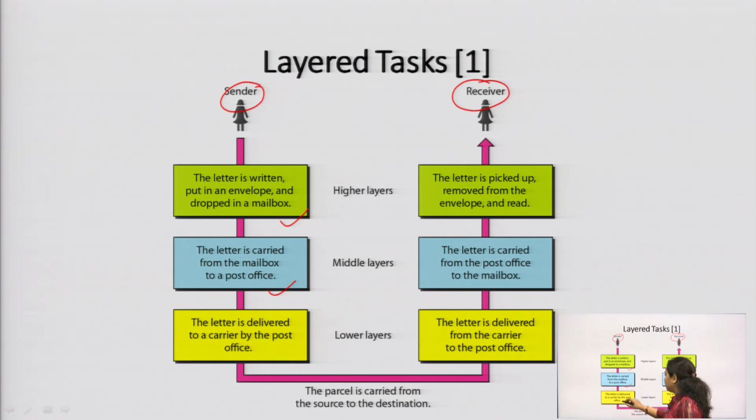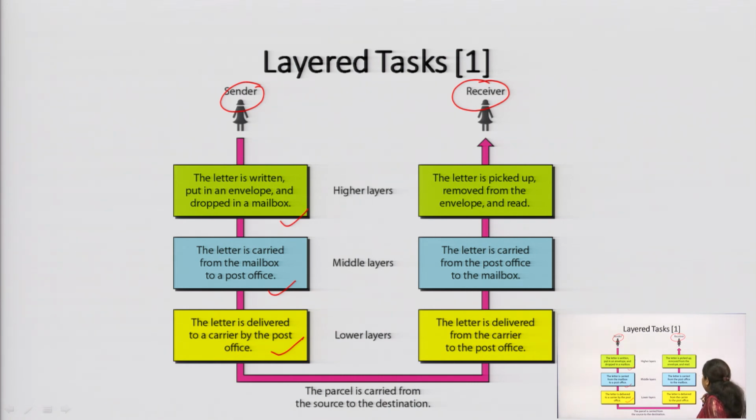Third, the letter is delivered to a carrier by the post office. What is the carrier? The carrier may be a mail van, or an aeroplane, or any device or any vehicle that will transmit it. So, that is an example of a carrier. The parcel is carried from the source to the destination.